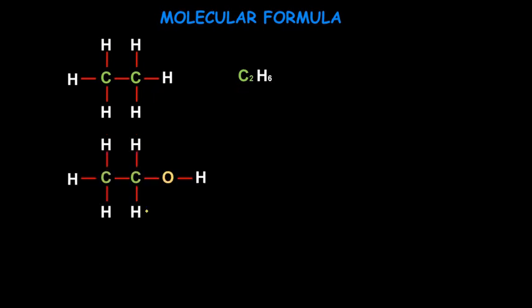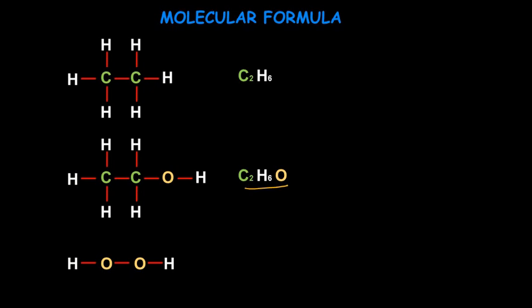Now let's see another example where we have some more atoms in it. Say here we have 2 carbon. So we write C2. Then we have 1, 2, 3, 4, 5, 6 hydrogen. So again we write H6, and then next we have 1 O. So then we write the molecular formula as C2H6O.